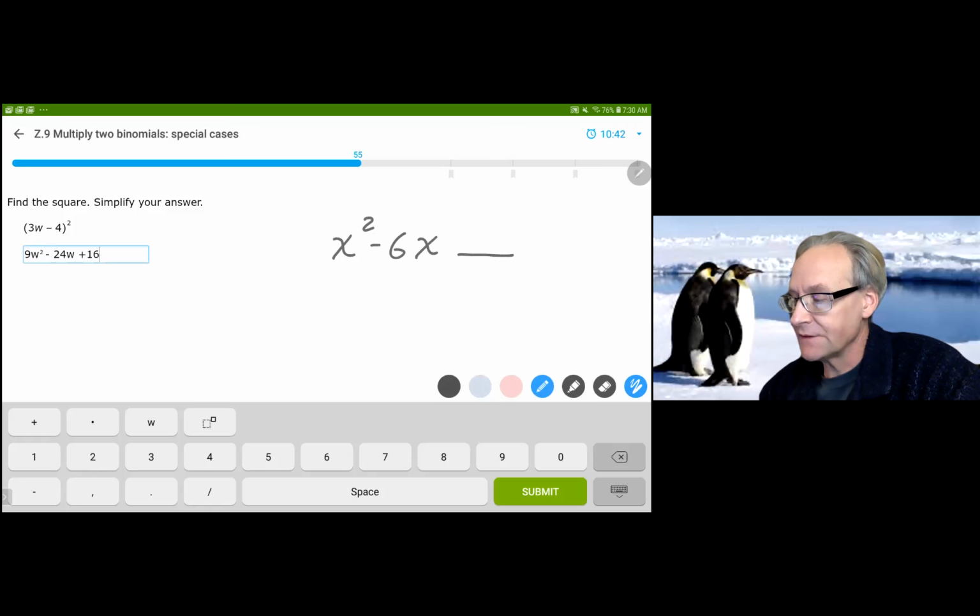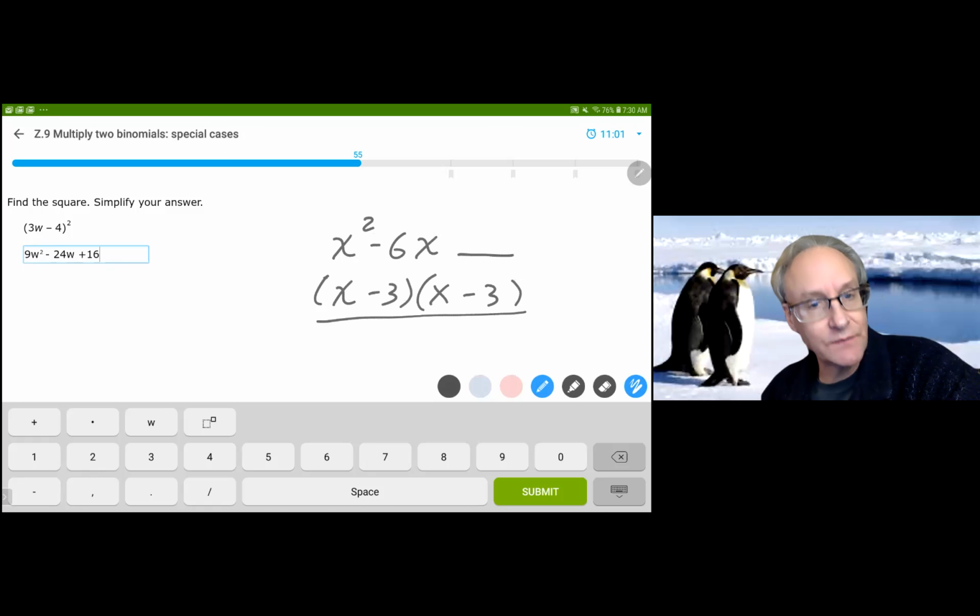And they're going to ask you, what number will make this thing a perfect square trinomial? Well, we know that we got the middle by doubling the product. So x minus 3 times x minus 3 must have been what I squared to get this. What's missing is the plus 9.